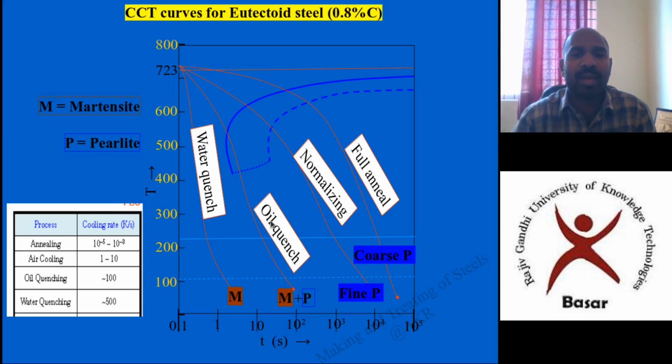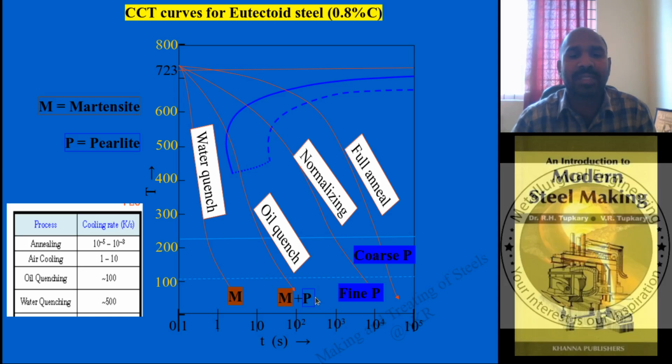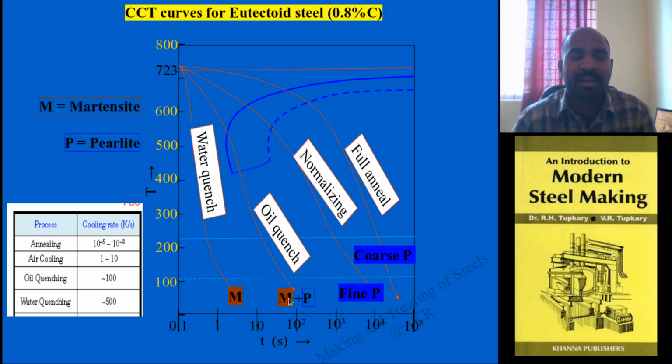And if you take the same steel and quench in oil, this is the pearlite starting point, this is the pearlite finish point, there will be some amount of pearlite along with the martensite. It could be 10% pearlite, the remaining is martensite in the case of oil quenching.